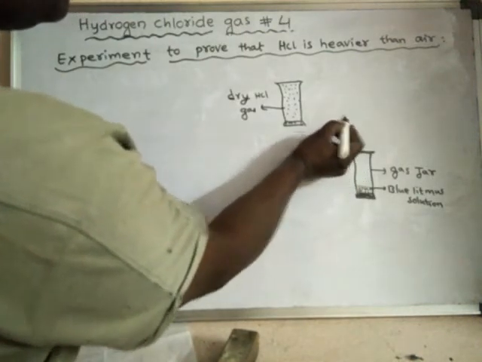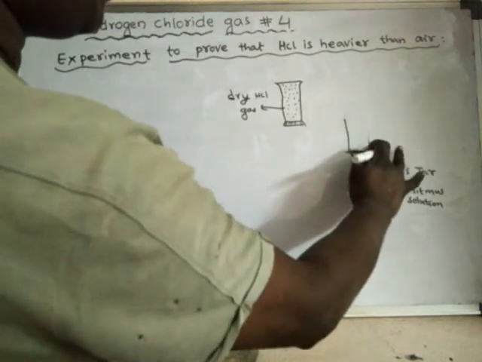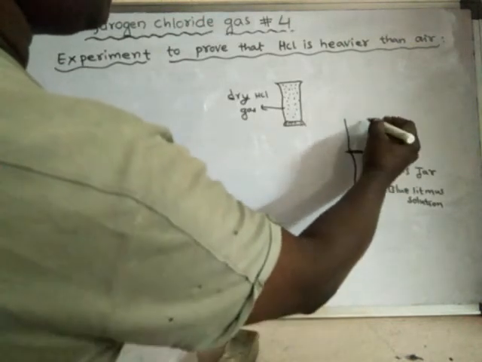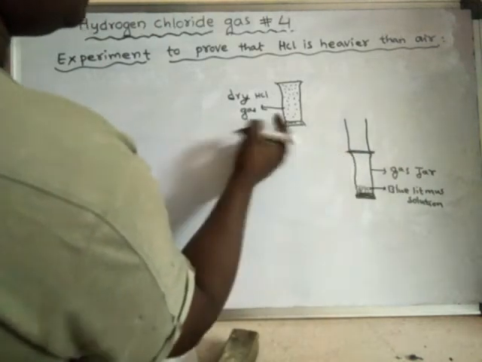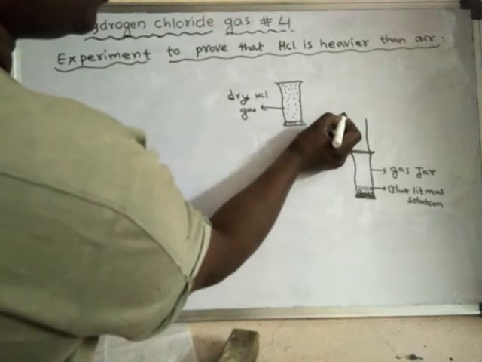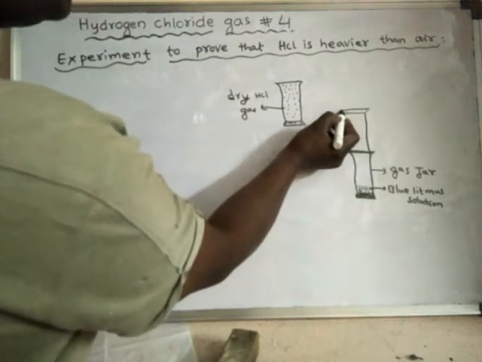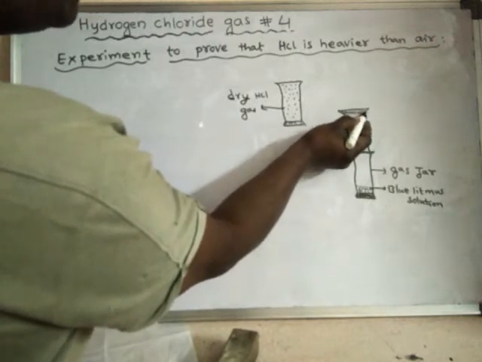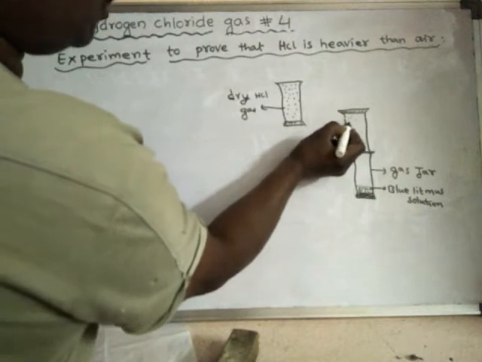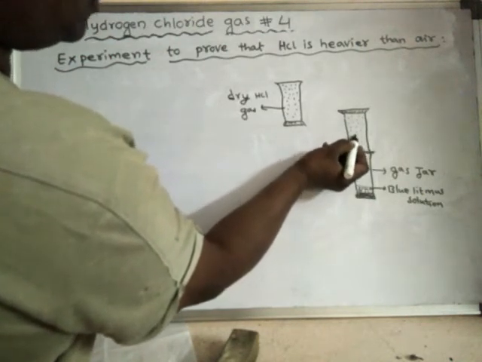Now this jar is inverted. So actually what does this jar have? This jar has dry HCl gas.